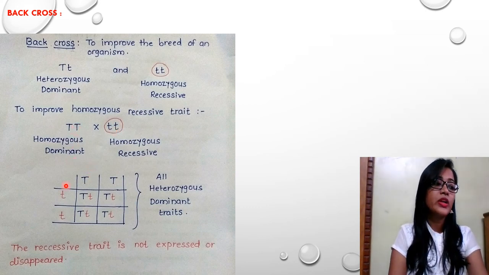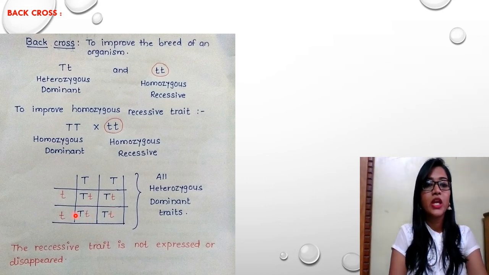By plotting these in a Punnett square, what we get is capital T, small t. Again, capital T, small t, and capital T, small t.